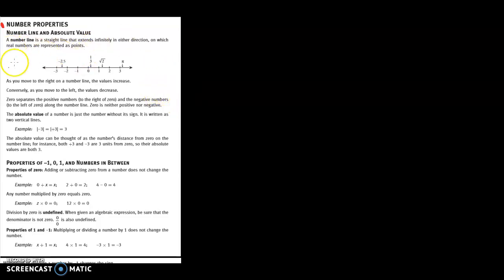The first thing that we're asked about is absolute value. We need to have a pretty strong, solid concept of this. What does absolute value mean? It's just the number without its sign, and it's written with two vertical lines. You can think about absolute value as the distance away from 0.